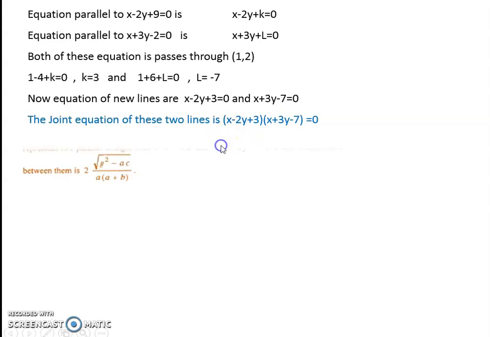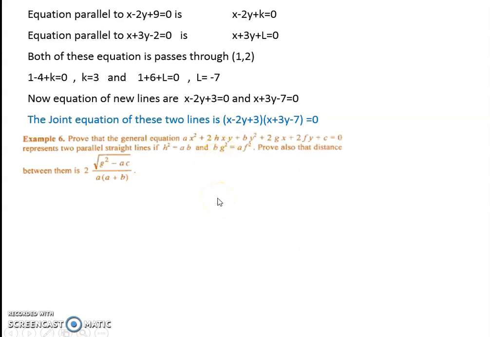So this is a joint equation. Another question: prove that the general equation ax square plus 2hxy plus by square plus 2gx plus 2fy plus c is equal to 0 represents two parallel straight lines if h square is equal to ab and bg square is equal to af square.